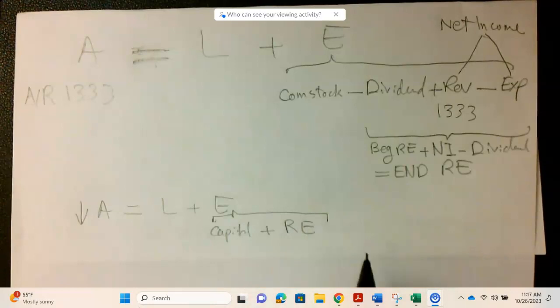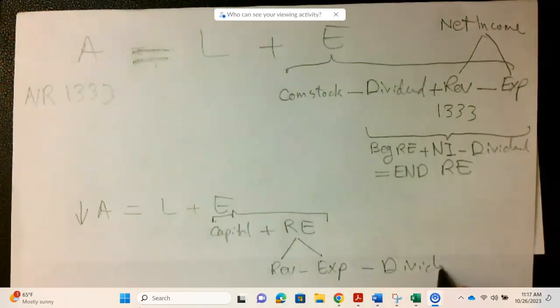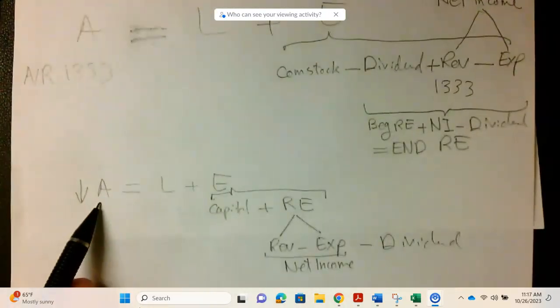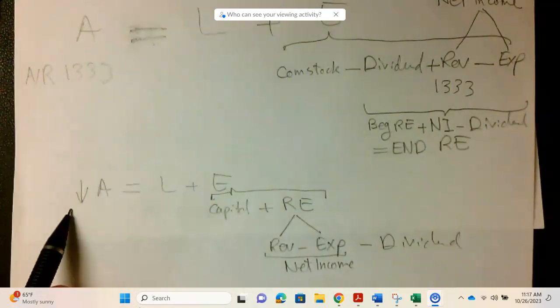Retained earning is revenue minus expense, which is net income, minus dividend. So if accounts receivable is not recorded, that means asset will be understated.